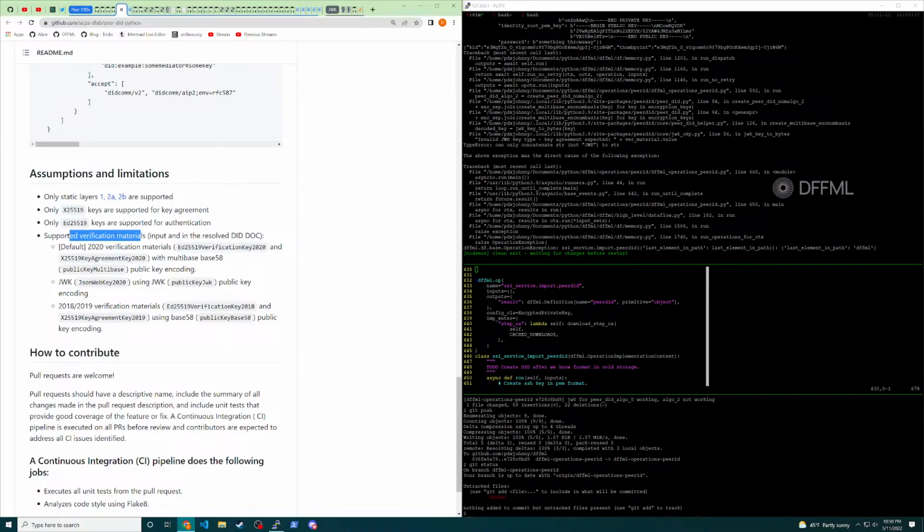Supported verification materials. Input in. Default verification materials. ED verification and X key agreement key with multibase base58. Public key, multibase public key encoding. JWK JSON Web Key.